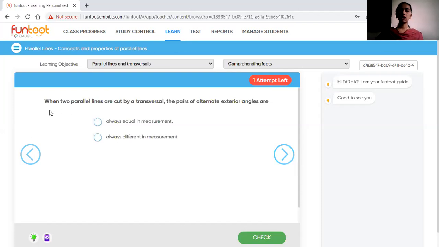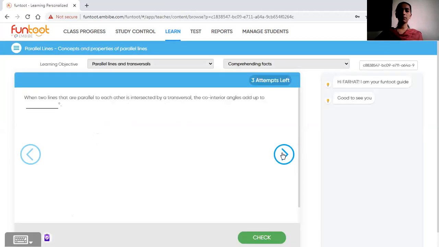Now, the next question: when two parallel lines are cut by a transversal, the pair of alternate exterior angles are always equal in measure or always different in measure. Which option is correct? When two parallel lines are cut by a transversal, alternate exterior angles are always equal in measure. Okay, understand this? Let's take another.